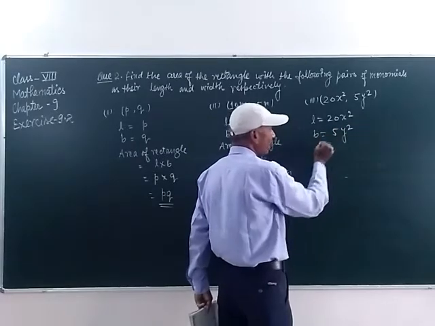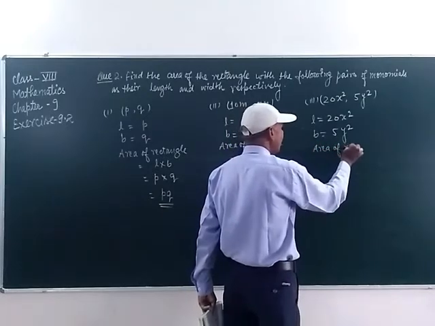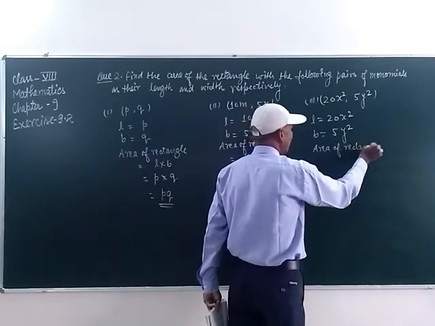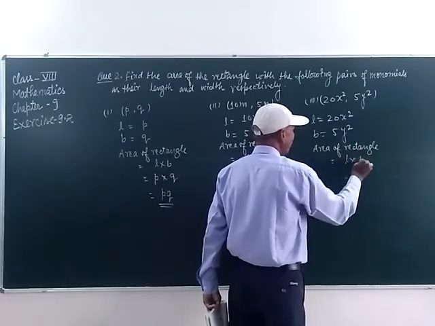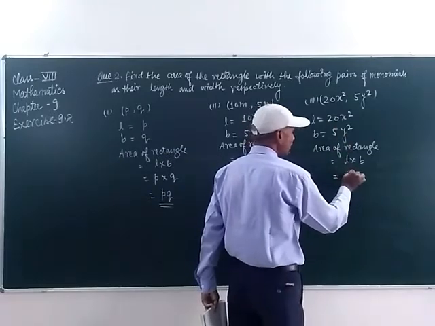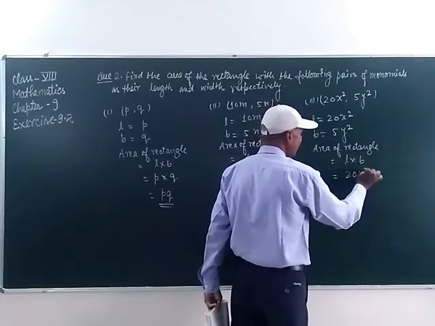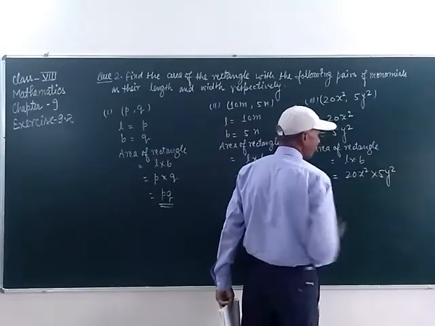Now we have to find the area of the rectangle, that is L into B, length into width, and length is 20x square and width is 5y square.